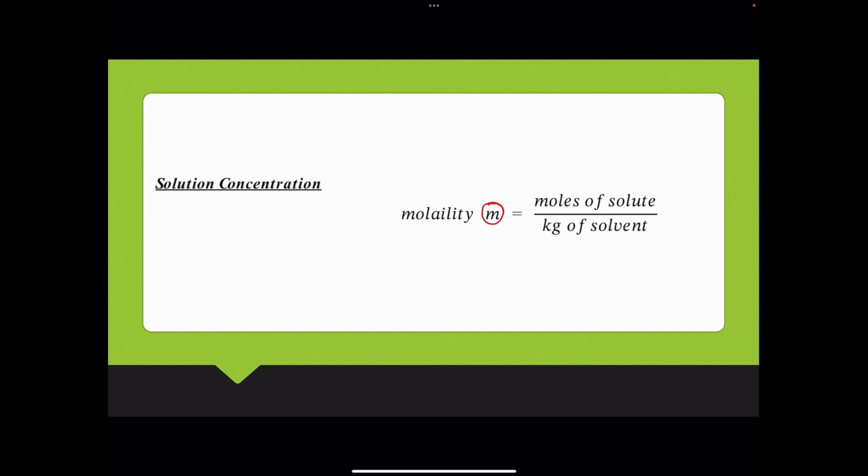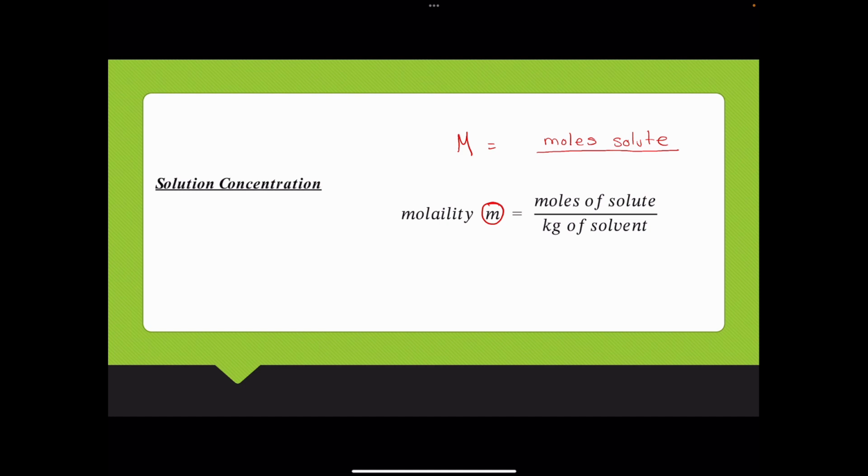Now, when we start talking about solution concentrations, we said it was going to be important to distinguish between the solute, solvent, and solution. And this is one of the reasons why. Remember when we talked about molarity, capital M, that was moles of solute per liter of solution, so your total mixture. With molality, I have moles of solute, and the difference is what we are comparing it to.